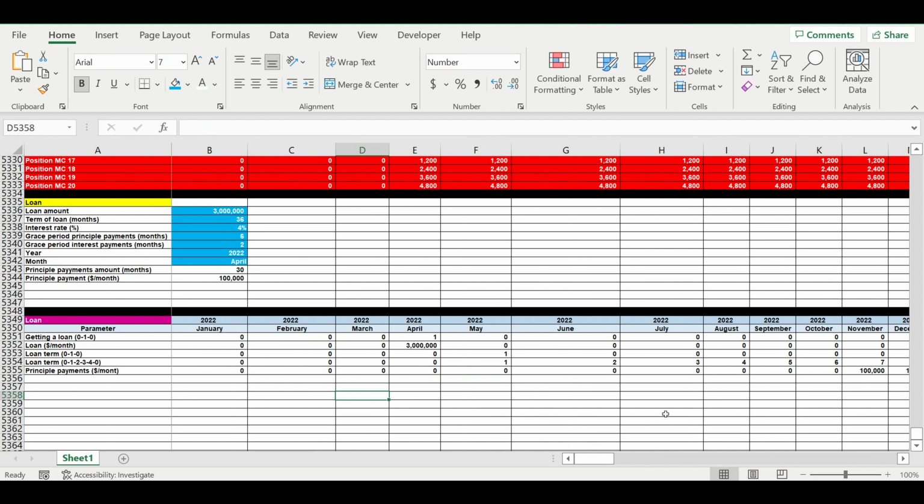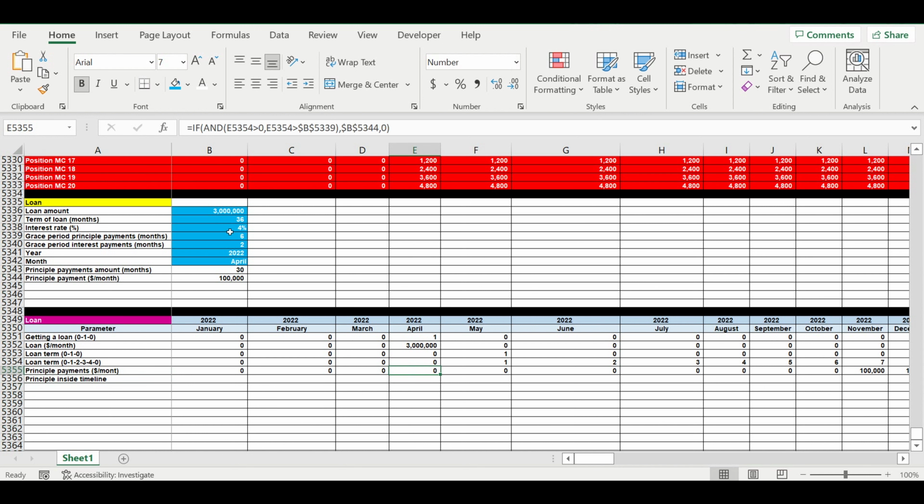So now let's calculate the amount of principal at any given moment inside the project, inside the timeline. We will need this value because we will have to create a formula for interest payments.